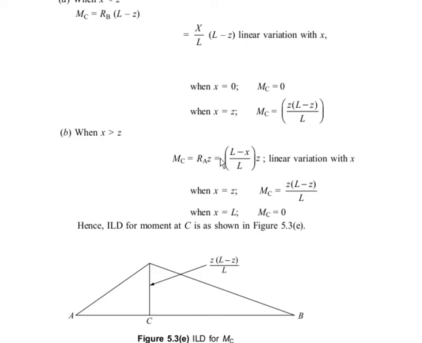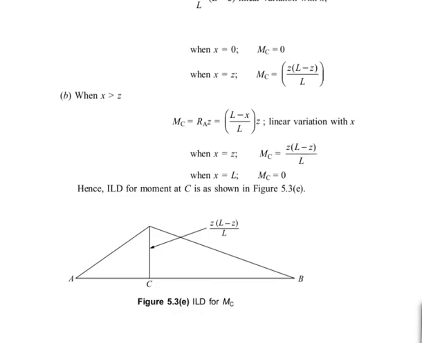So RA is nothing but L minus x by L. So the moment at C when x is greater than z is equal to RA into z, or L minus x by L into z. And the boundary conditions are x varies from z to L, which means the unit load moves from C to B.